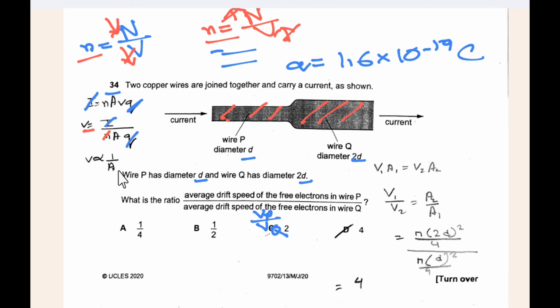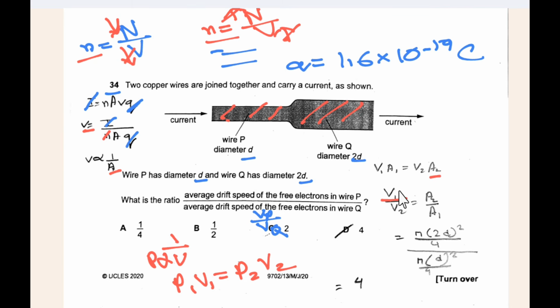So v is inversely proportional to cross-sectional area. That means V1 by V2 is equal to A2 by A1. Or we can just remember the relationship that pressure is inversely proportional to volume, that is P1V1 is equal to P2V2. So v is inversely proportional to cross-sectional area, that means V1A1 is equal to V2A2, and V1 by V2 is equal to A2 by A1.